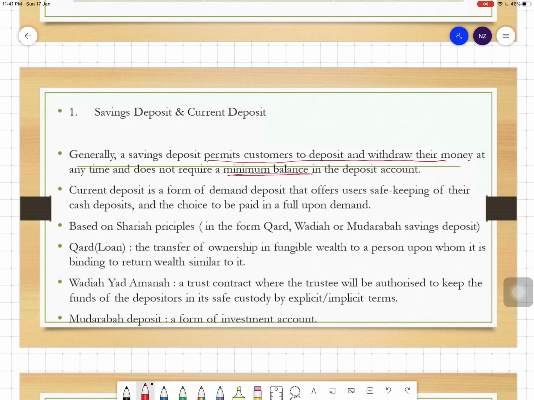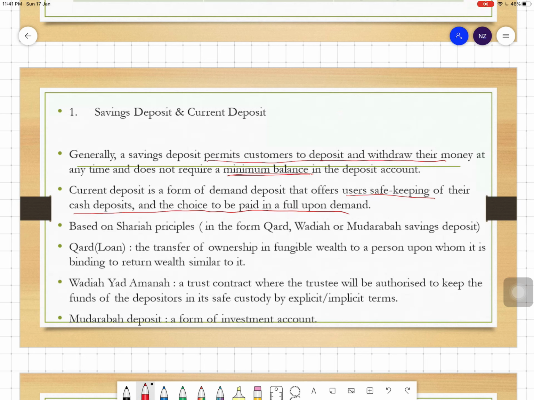But as for current deposit, biasanya dia juga dipanggil demand deposit tau. So di mana bank akan offer users safekeeping of their cash deposit and the choice to be paid in full upon demand. Current deposit ni biasanya kita put the money in the current deposit, but when we want to withdraw that money, probably kita keluarkan menggunakan cheque, and it is not by cash.